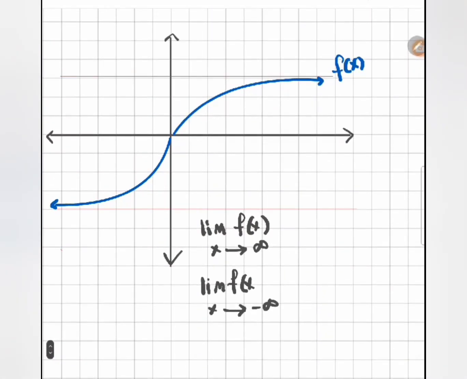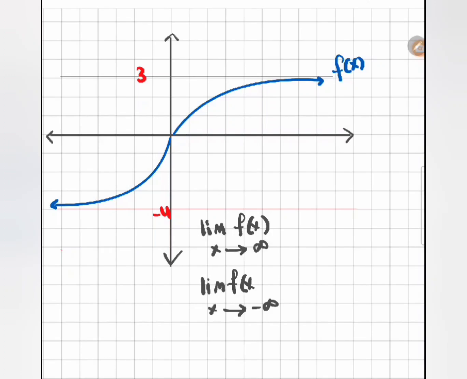Now, let's work on some examples with horizontal asymptotes. So let's say we have a horizontal asymptote at y equals 3 and another one at y equals -4. And let's say we have a curve that looks like this, actually.